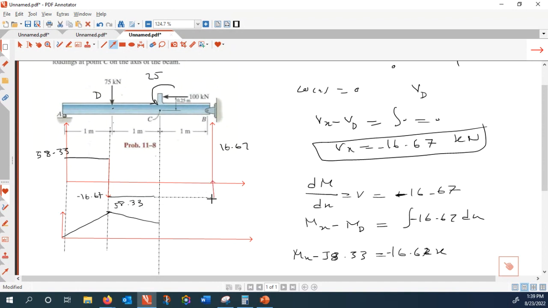And so in the third zone, I have a negative, so this is a discontinuity, bring that 25 down.